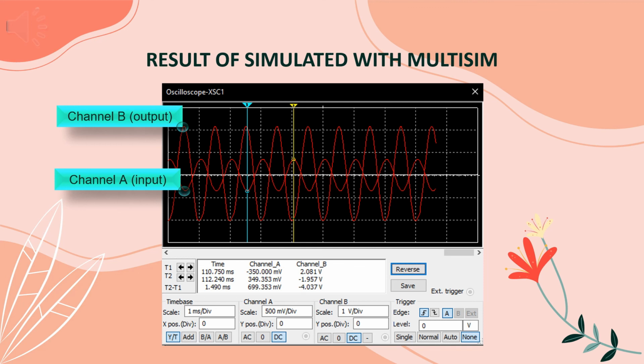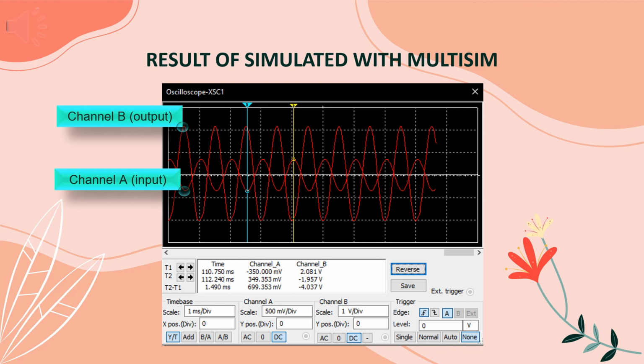349.353 millivolt. Okay, for channel B, there is negative 1.957 volt, and for the high is 2.081 volt.